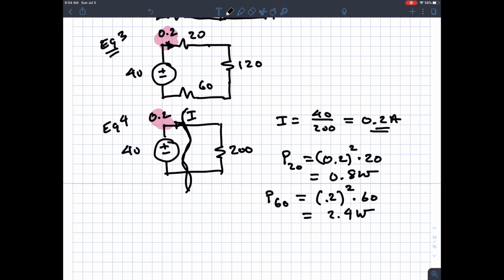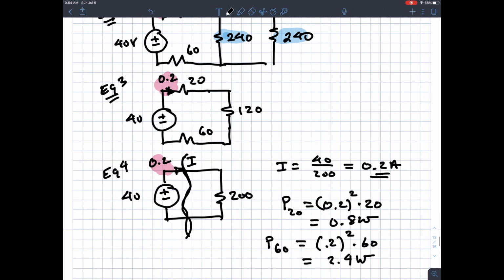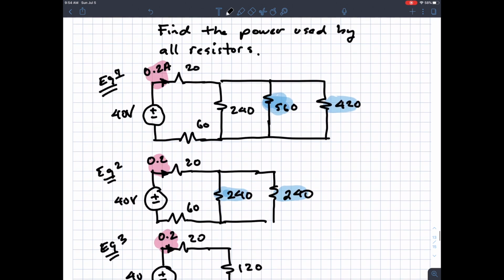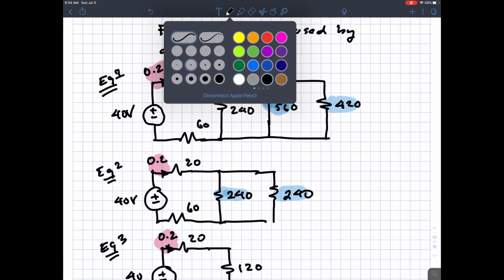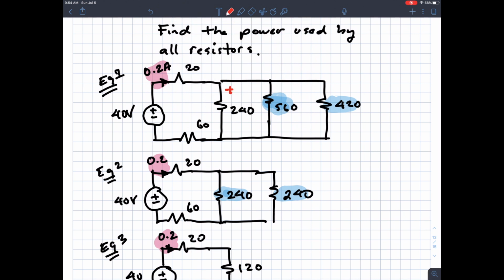All right. So at this point, what I'm thinking is, if I could get the voltage, I'm going to change this to red. If I could get the voltage across here, that would be the same as the voltage across here and the same as the voltage across here, because all those are parallel resistances.